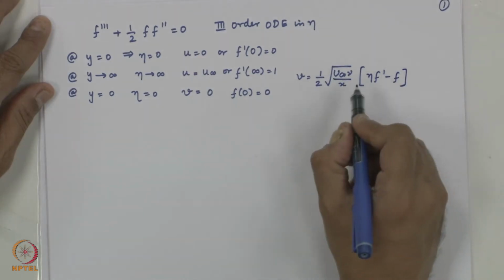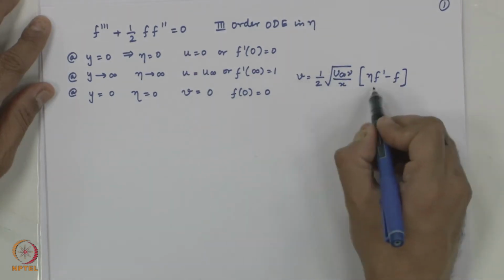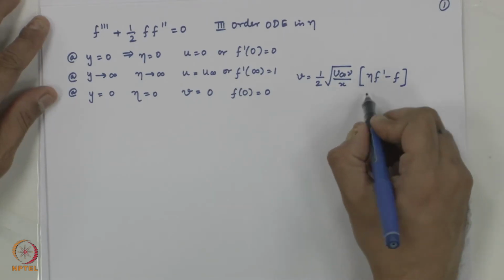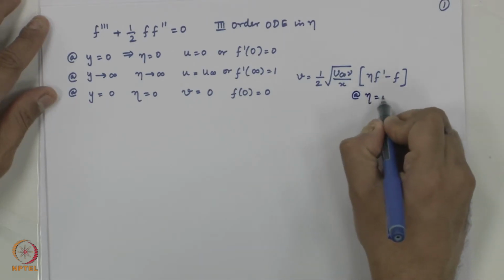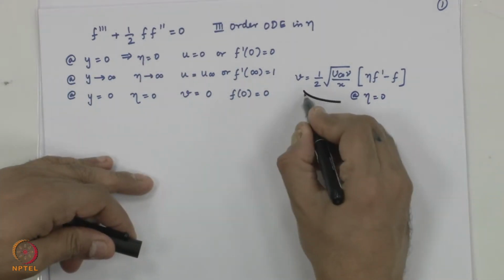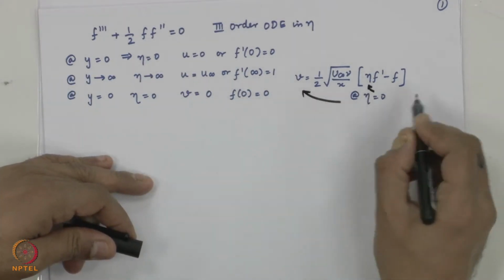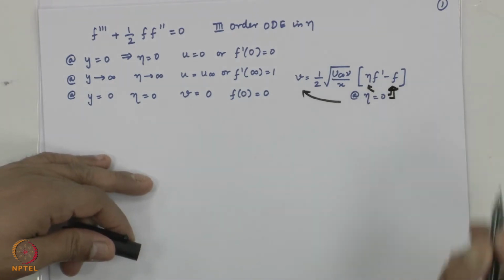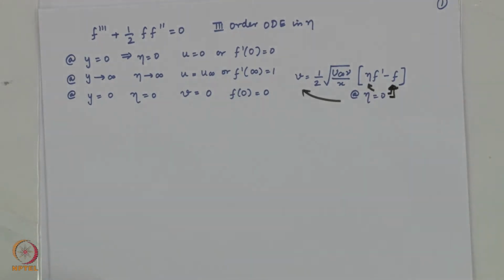So, no slip condition demands v equal to 0, f prime of 0 equal to 0 at eta equal to 0. So, at eta equal to 0, this term is 0 and this term is 0 necessarily. Therefore, this has to be equal to 0, and that is your boundary condition, f of 0 equal to 0.